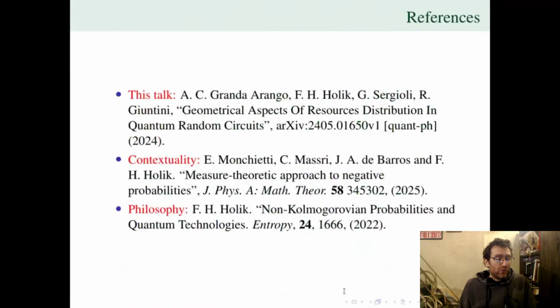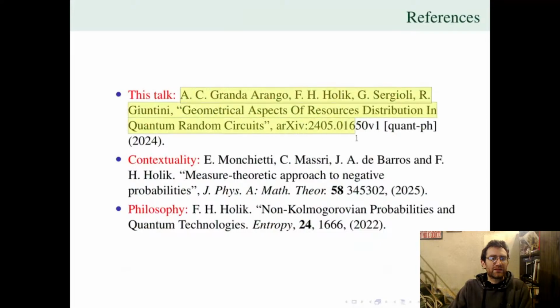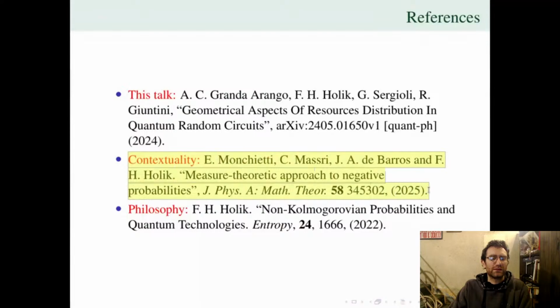So if you want references for the research presented in this talk, the non-locality test is published in this paper. I hope it is published soon. And if you want to learn more about contextuality, I didn't talk much about it in this talk, but this is all related to contextuality.